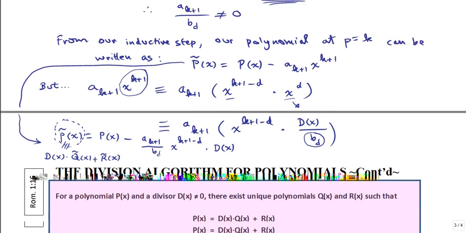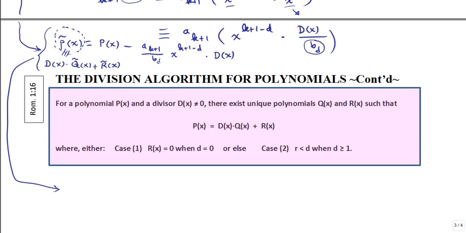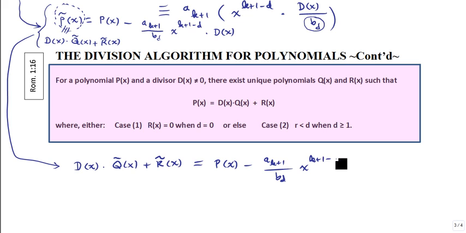Okay, so now let's bring all this stuff together and wrap this up. I have d of x times q tilde of x plus r tilde of x on the left. On the right, I get p of x, which is what I'm interested in, minus a sub k plus 1 over b sub d times x to the k plus 1 minus d times the divisor polynomial.